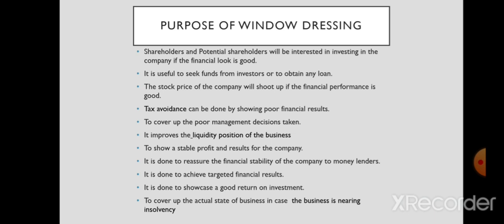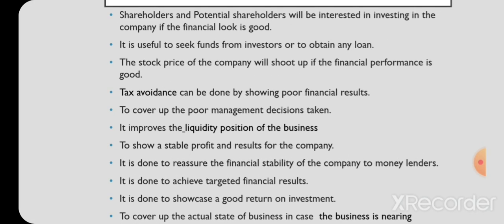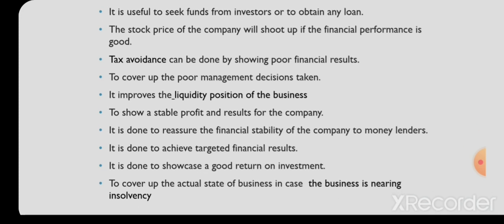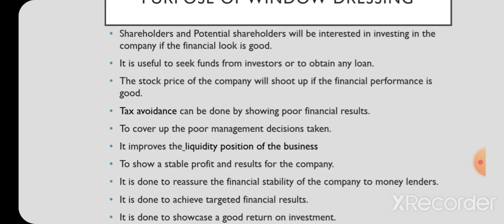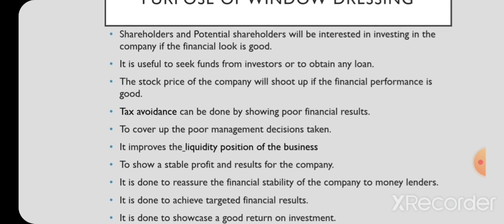In the course of business, there would be poor or ineffective decisions taken by the people at the managerial level. In order to cover up this poor management, they will dress up or manipulate the financial statements.